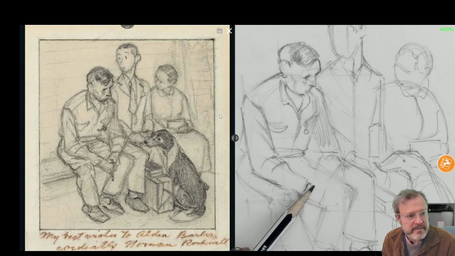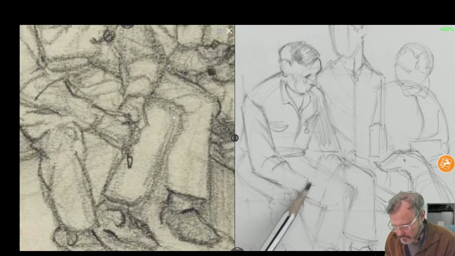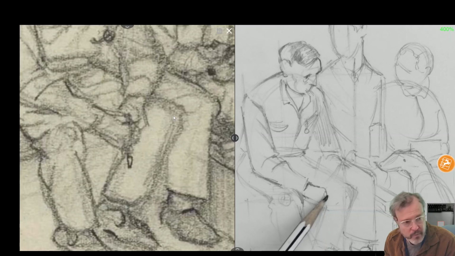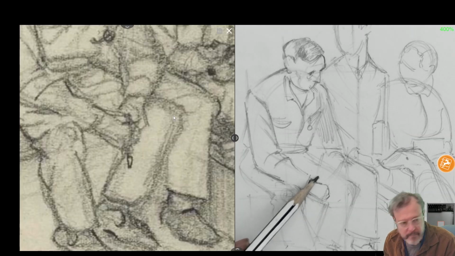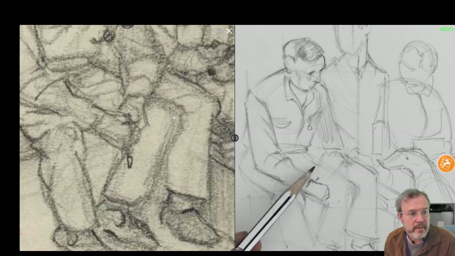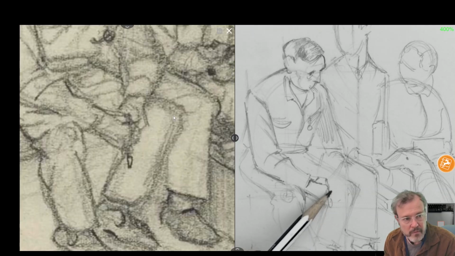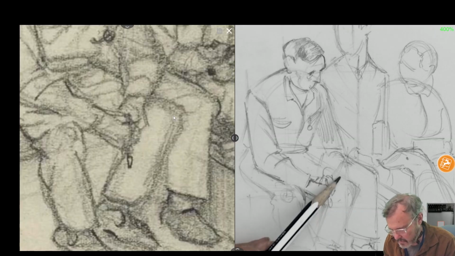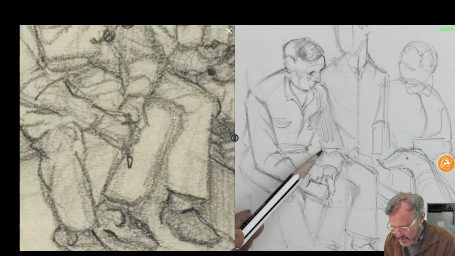There's the bottom of the sleeve, and he hasn't really resolved quite what's going on with these hands. Those are his eyeglasses? I think you're right. There's this other very foreshortened sleeve.